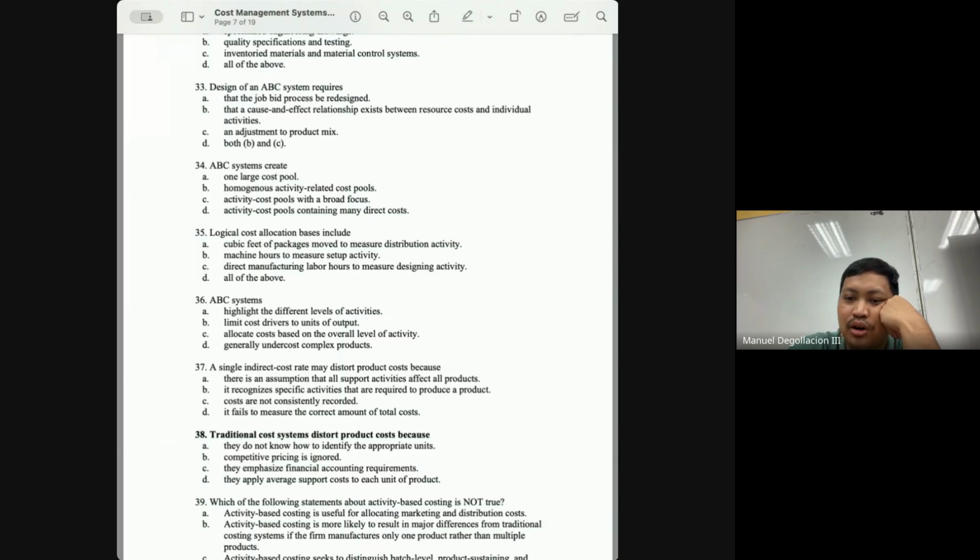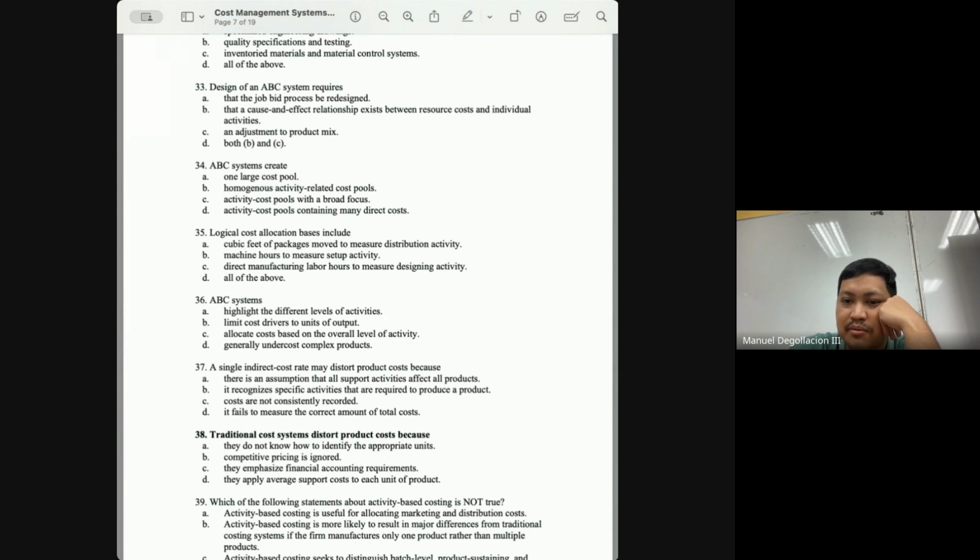It would be the number of setups. Letter C, direct manufacturing labor hours to measure designing activity. No, the best basis for measuring designing activity should be based on units, class. So the best answer for number 35 would be alpha.